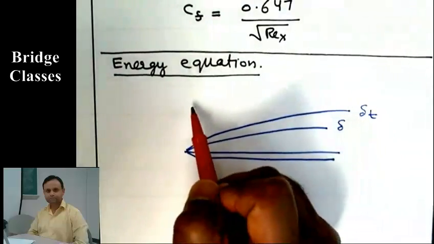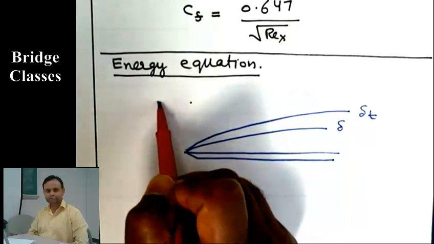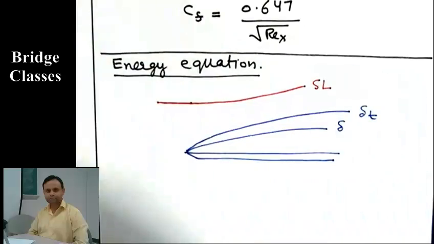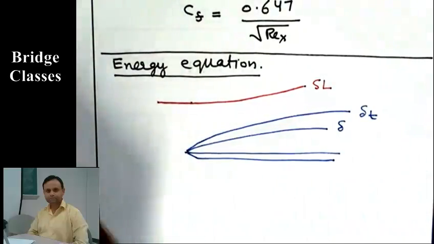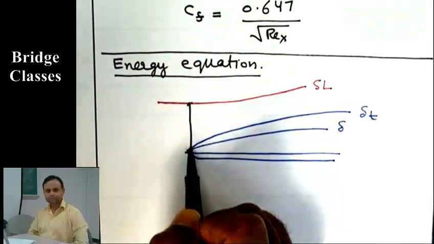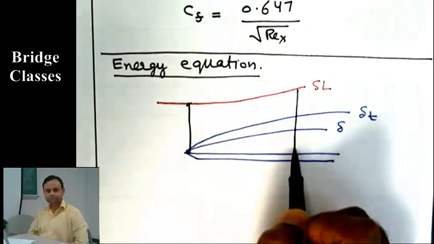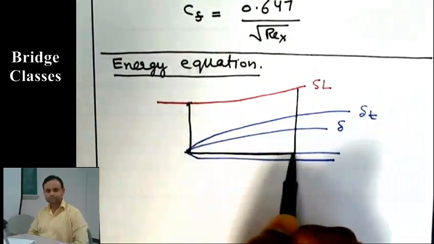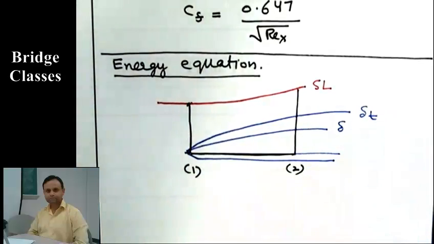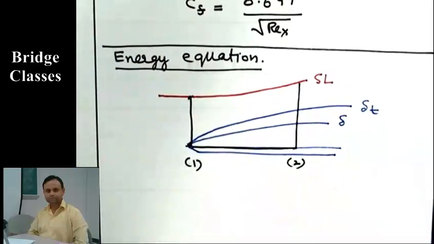And again we take, let's say, a streamline like this, and we take a control volume between this face, the plate and the streamline. So this is section 1, this is section 2, and on this we are going to write the energy equation.